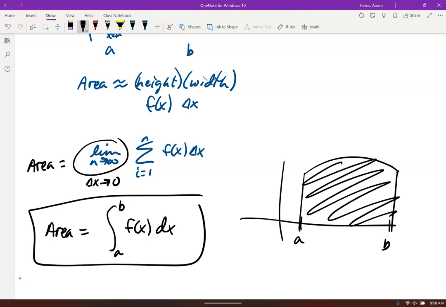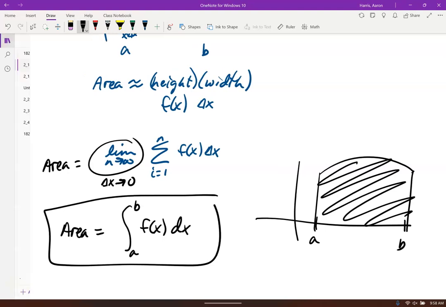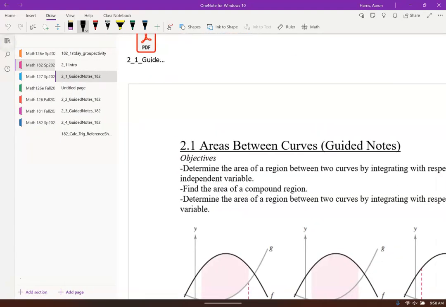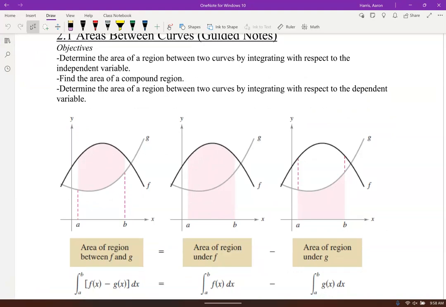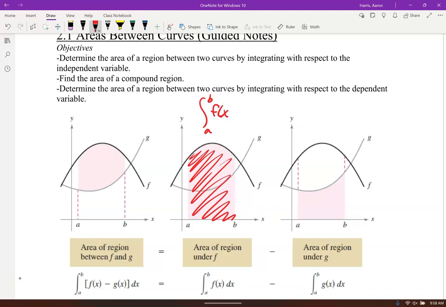So what about the area between curves for this section? Let me go to our notes for today. So here are two functions, f and g. If I draw the area under f, this is the integral from A to B of f of x dx.